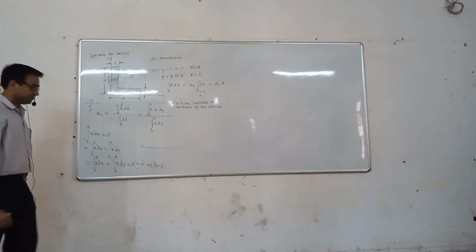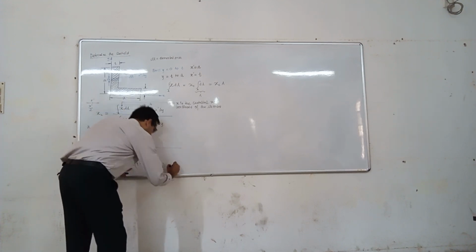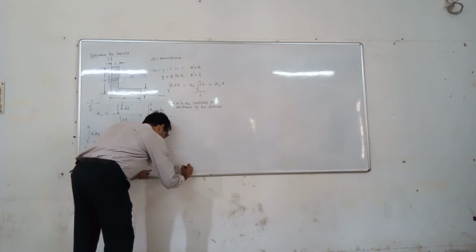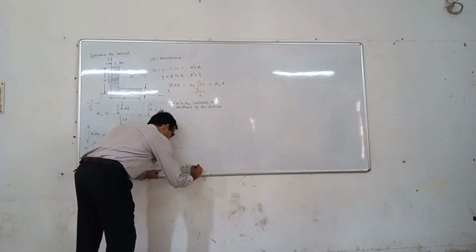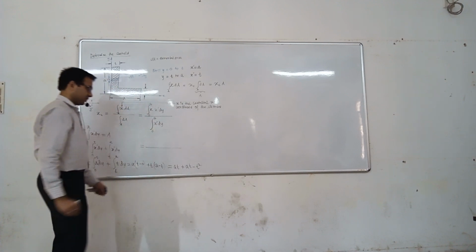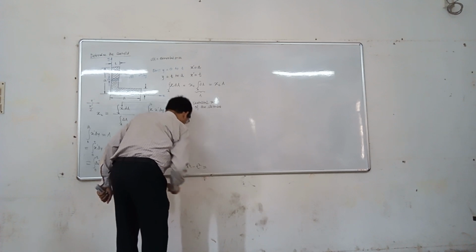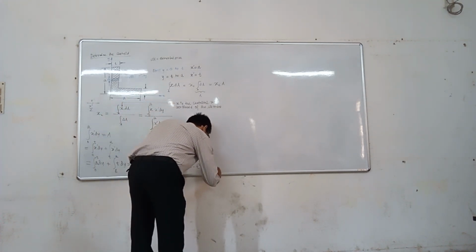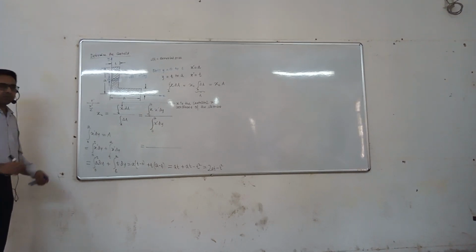So what is that? at plus at minus t square. How much is it? 2at minus t square.